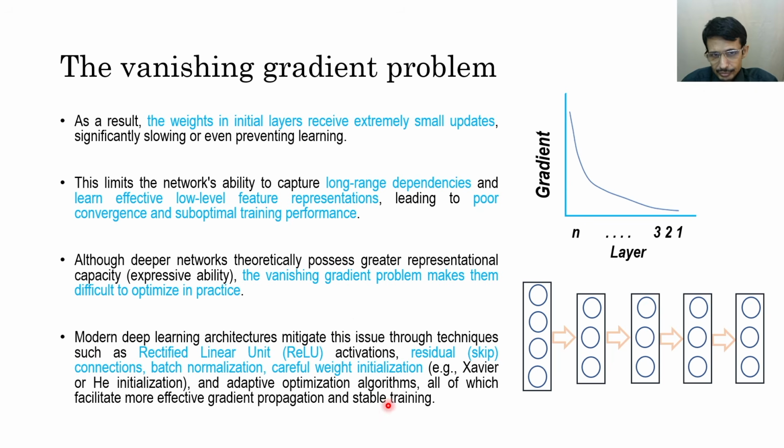There are a lot of different ways to handle it, but in this lecture we try to understand how the activation function can be chosen to mitigate this problem, and in the next lecture we'll see the residual solution of this problem.